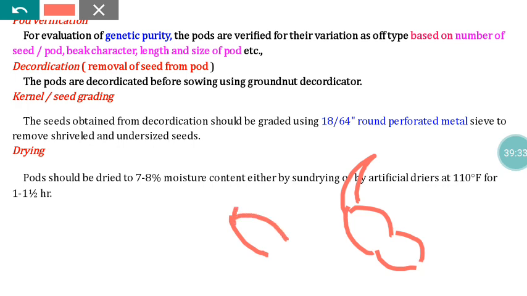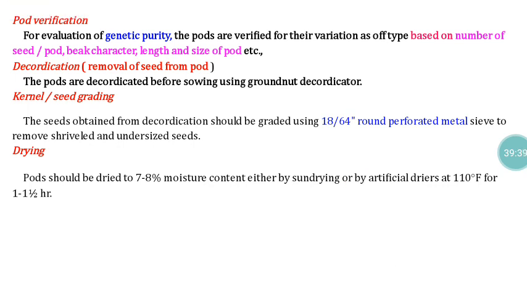So the pod characters are under the control of genetics, and that is a differentiating character of one variety from another variety. Based on that you have to verify the pods, and if any contaminants are available, other variety materials mixed up with your seed material, then before separation of the kernel from the pod, we have to discard all those pods.